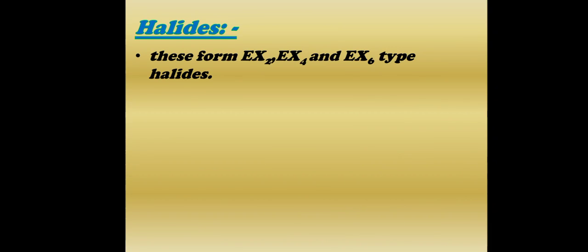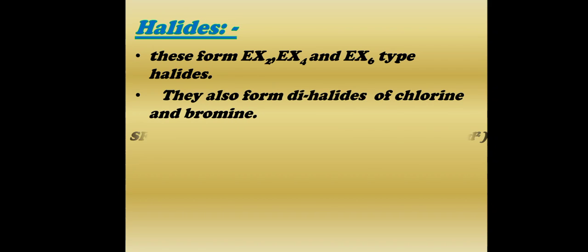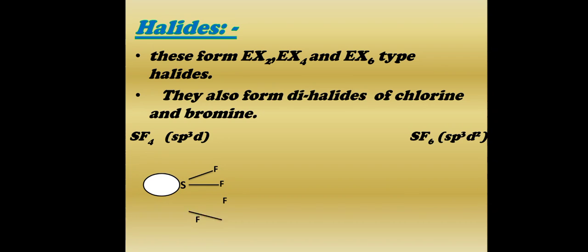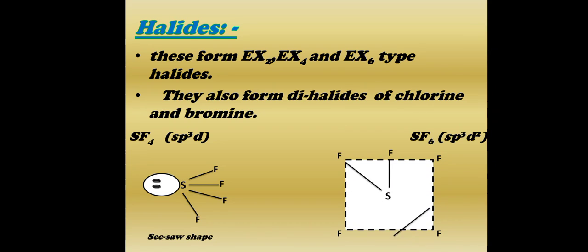Let's talk about halides. That means how do the 16th group elements react with halogens? They form different types of halides like EX2, EX4, EX6. Out of these, two important halides are SF4 and SF6. SF4 is sulfur tetrafluoride, SF6 is sulfur hexafluoride.